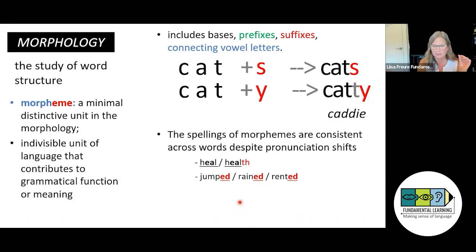The one that people seem to connect with the most, because it's in all the programs, is the three sounds of ed. We don't call it suffix ed or suffix d or suffix t, because we can pronounce it three different ways. So always go back to think about announcing all of your morphemes, whether they're bases or prefixes or suffixes, as spellings, because we don't know how anything is going to be pronounced until we put it together into a word.